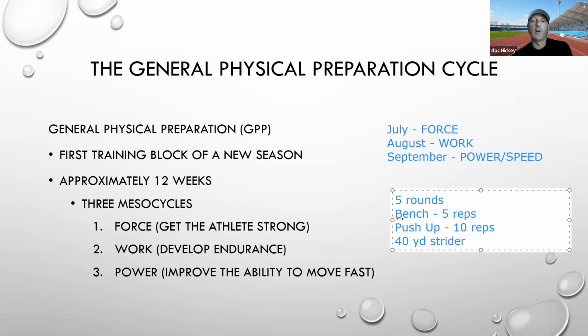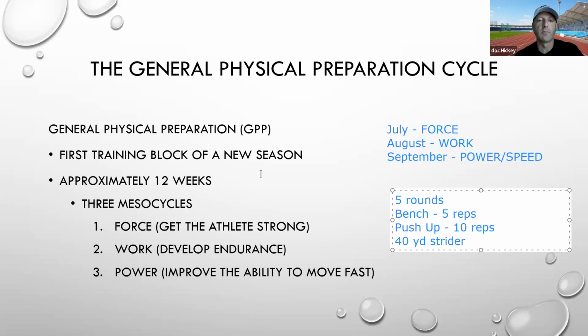So here, to develop this work capacity, we'd go bench, right into push-up, and then get up off the push-up and right into a 40-yard strider on the turf in the weight room. If I have a weight room that has a 40-yard strip right down the middle, or maybe we go outside in the parking lot, we do it there, and then we take a little bit of a rest, let our body recover, and come right back to this.